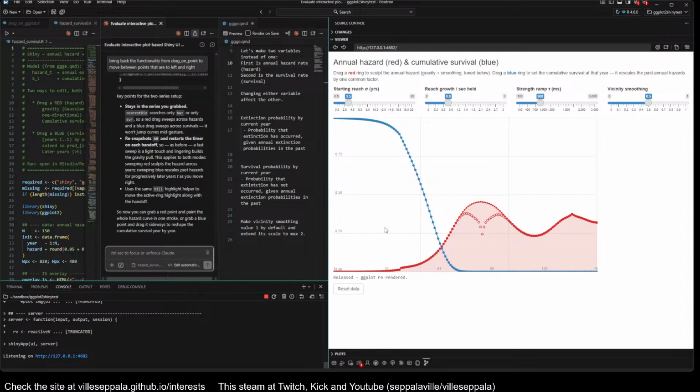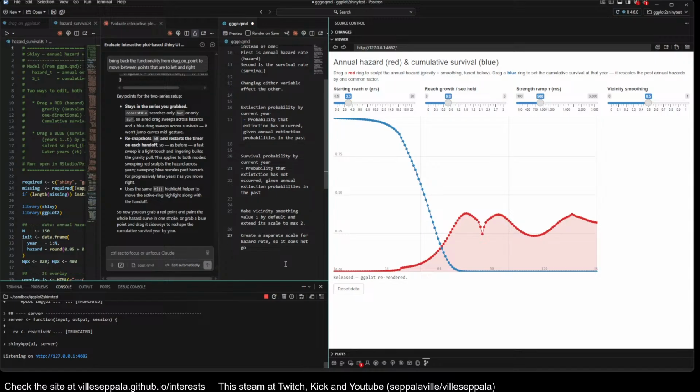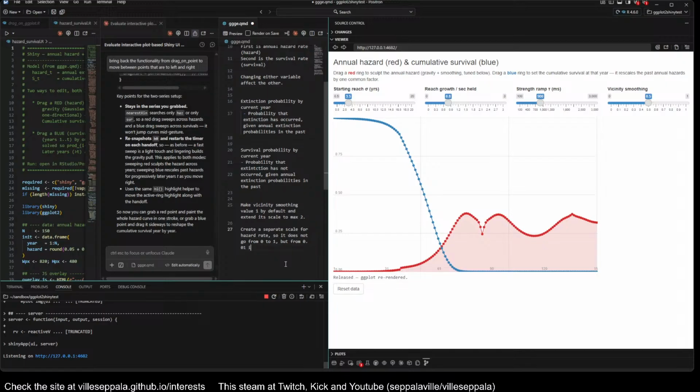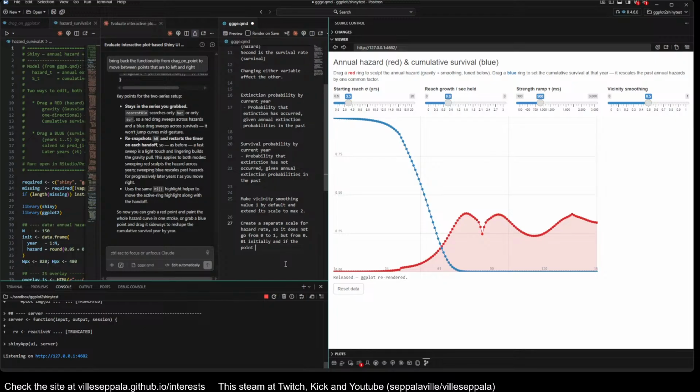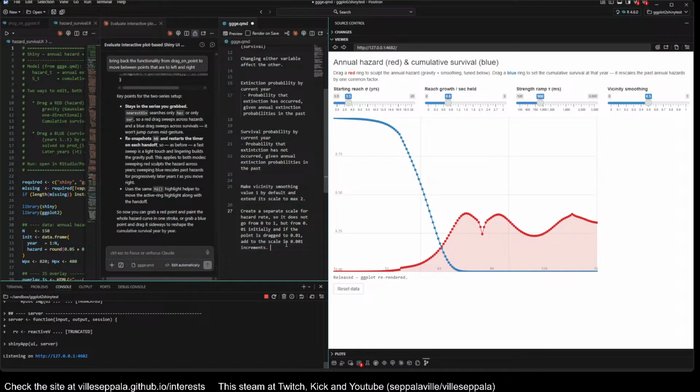Right now it's going, I think, yeah, I need to create a 0.01 initially. Something like that. But let's see.